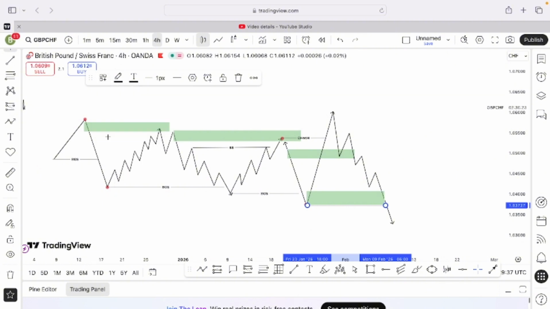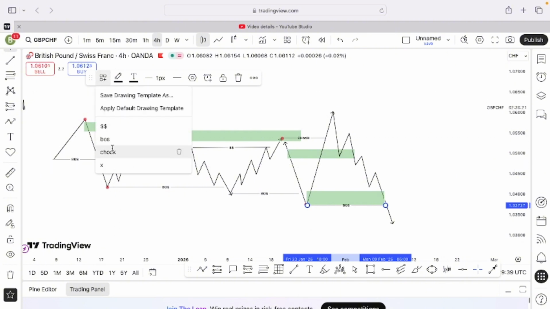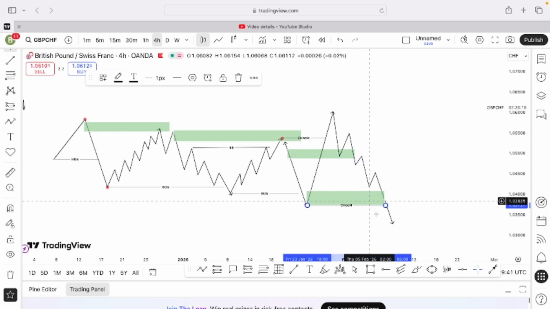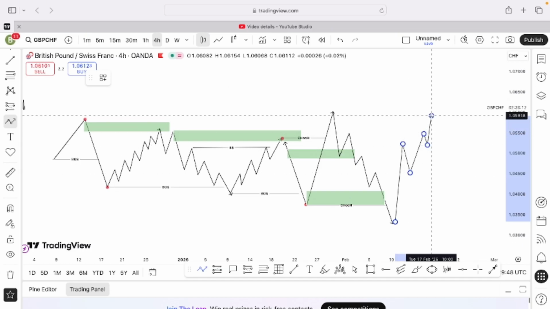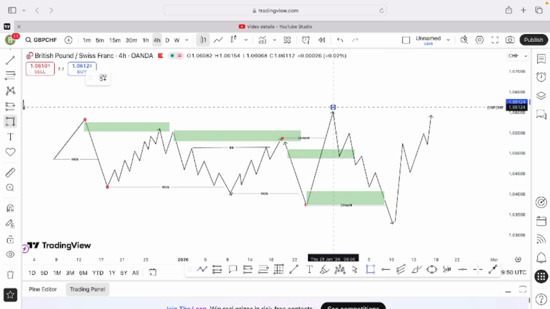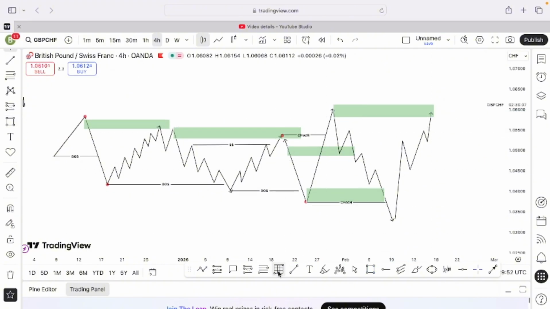The realignment is the market giving you a fake change of character and then coming back into the original trend, pulling back into areas of interest, tapping into the golden zone or a nice supply zone and then continuing to pull down.